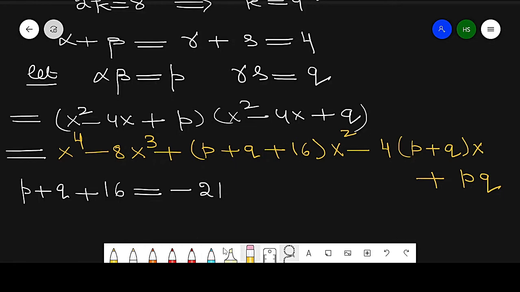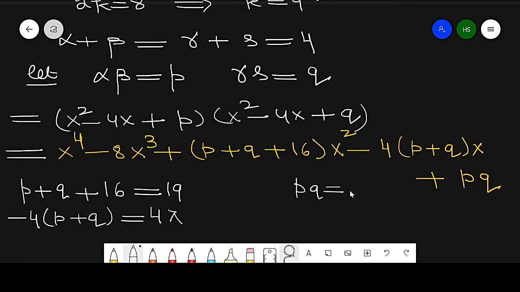Next, minus 4 into p plus q is the coefficient of x, so this term is plus 4 lambda x. And pq, the constant term, is equal to 2. First we find the value of lambda.